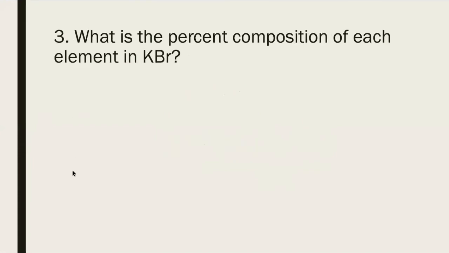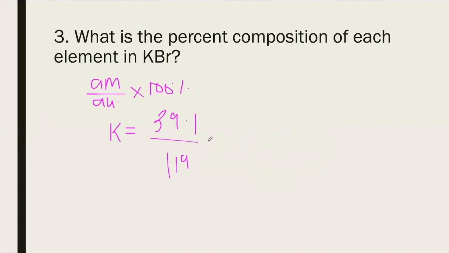So same process, atomic weight over atomic mass multiplied by 100%. So we will get 39.1. This is for potassium or K. 39.1 over 119 times 100%. And that will give us roughly 32.86%, rounded off to the nearest 2 decimal places.